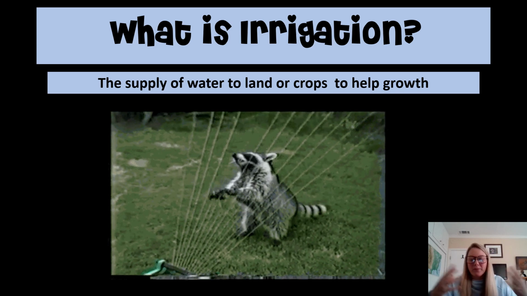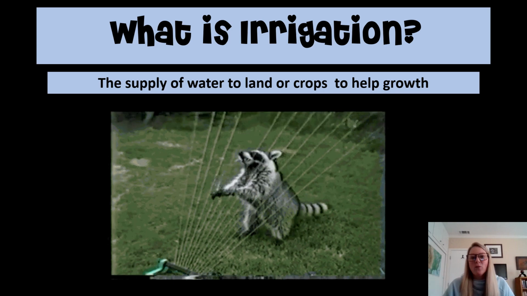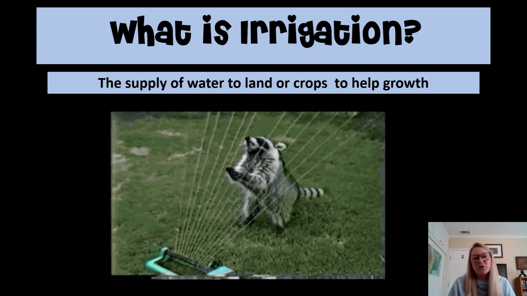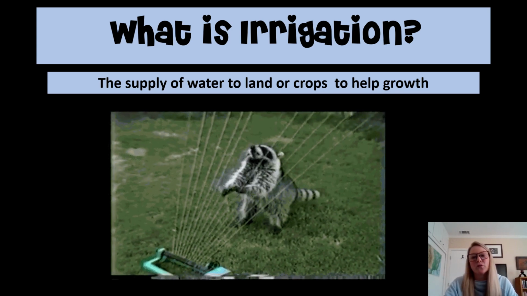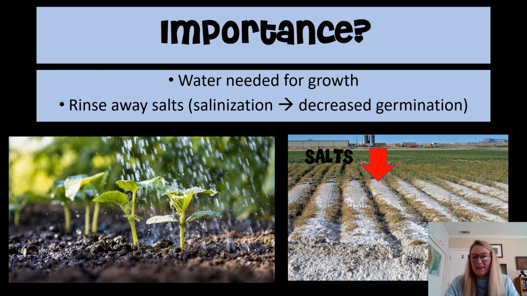So if we want our plants to grow nice and big, we need to put water on the fields to ensure that they're getting enough water for this plant growth. Like I just said, water is needed for plant growth. So obviously that's why it's so important. We do need these plants in order to live off of, so we can eat them or we feed them to our animals and then we eat those animals. But obviously it's important for plant growth.